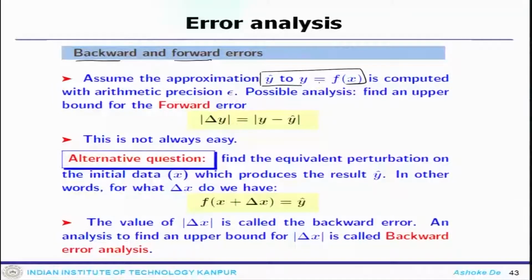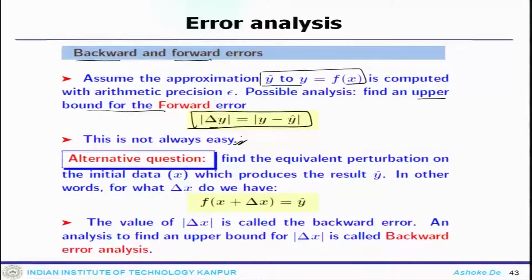The upper bound for the forward error would be delta y equals the magnitude of y minus y hat. This is not always easy, so one has to note that.